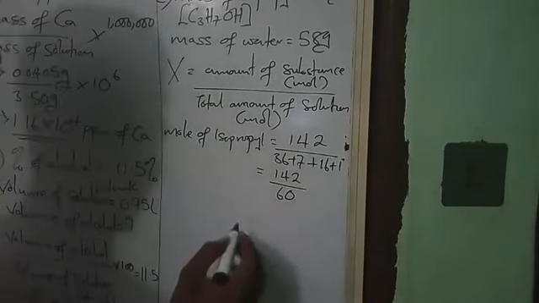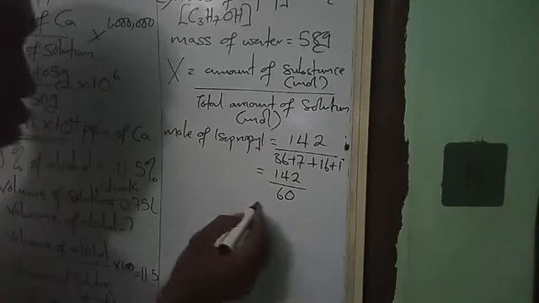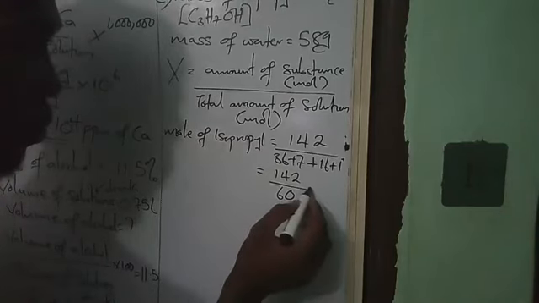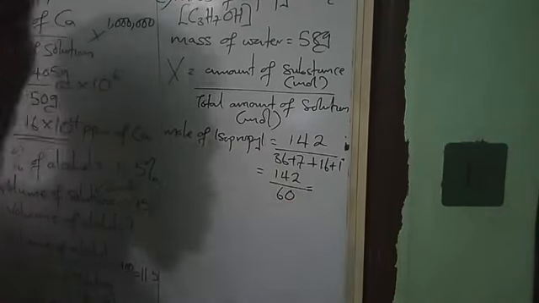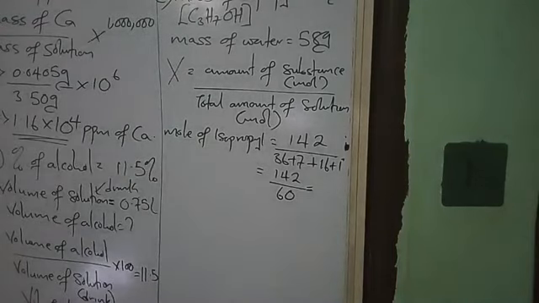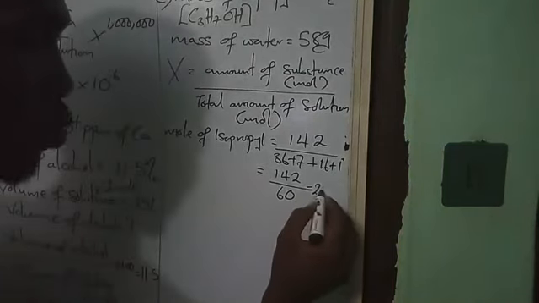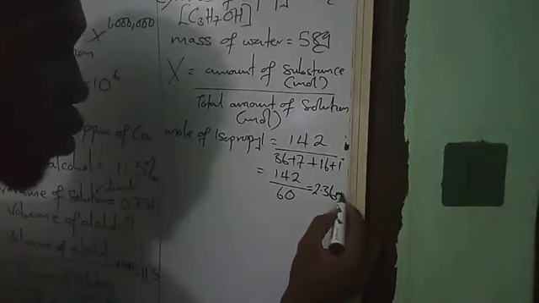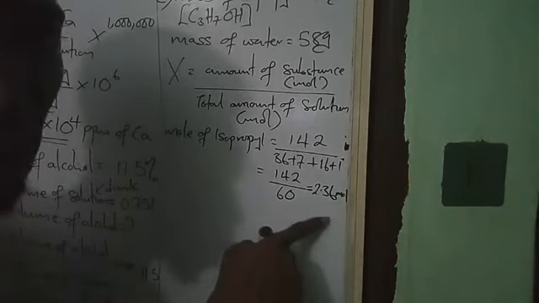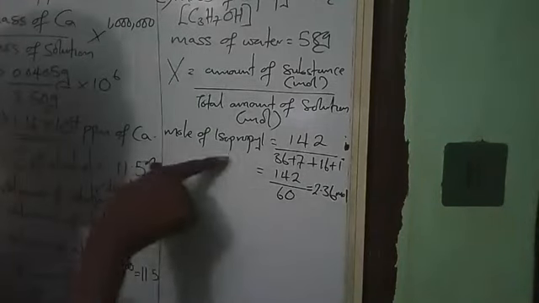We divide 142 by 60, and that gives us 2.36 mole. So that's the mole of isopropyl.